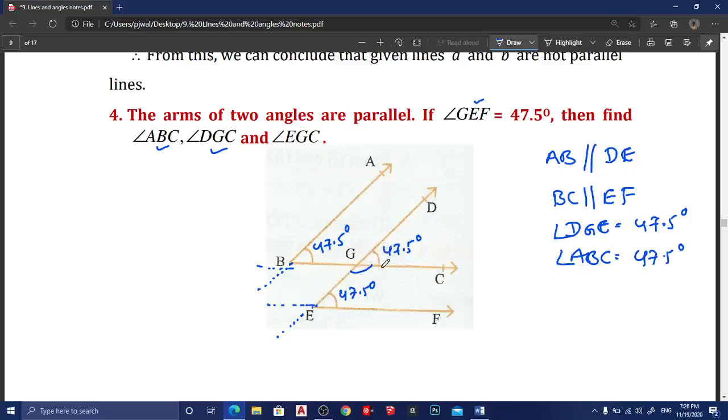So if I take this angle as y, then y plus 47.5 degrees is equal to 180 degrees, since they are a linear pair. Now you can find y by transposing this to the right side, which is 180 minus 47.5 is equal to 132.5 degrees. So this is the last angle, which is angle EGC.